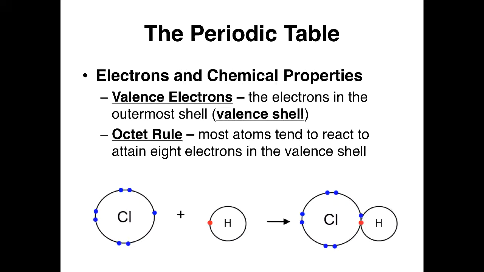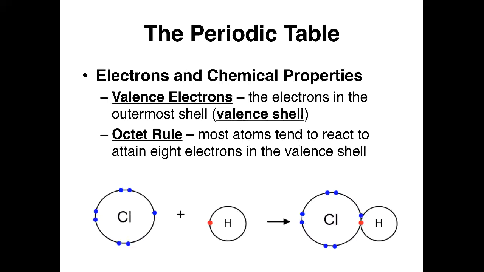So for example, you see here you have chlorine, which has 7 electrons in its valence shell, and you can count the 7 blue dots on the left. It reacts with hydrogen, which has 1 red dot. And you'll notice that there's an exchange of electrons here on the right in such a way that chlorine now has 8 electrons.